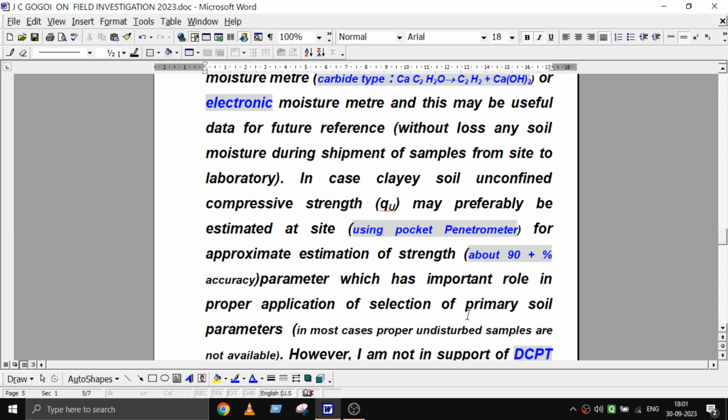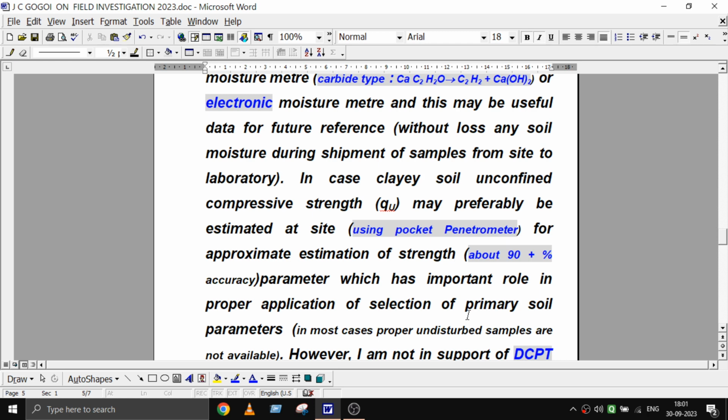If we go for triaxial, we require a piece of 6 diameter for one test, that means three test pieces of 2D each. Then one test for unconfined compressive strength, that is also 2 diameter, and moisture density.